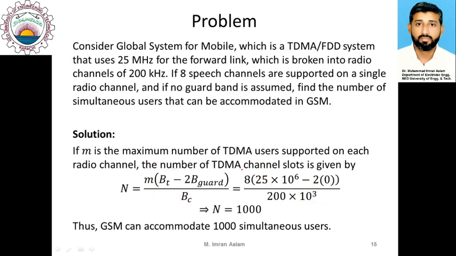So the overall number of channels for this TDMA system is M into BT minus 2 B guard, divided by BC. If I substitute all the values, we get the number of users equal to 1000. So this GSM system can accommodate around 1000 simultaneous users to transmit using this TDMA based FDD system.